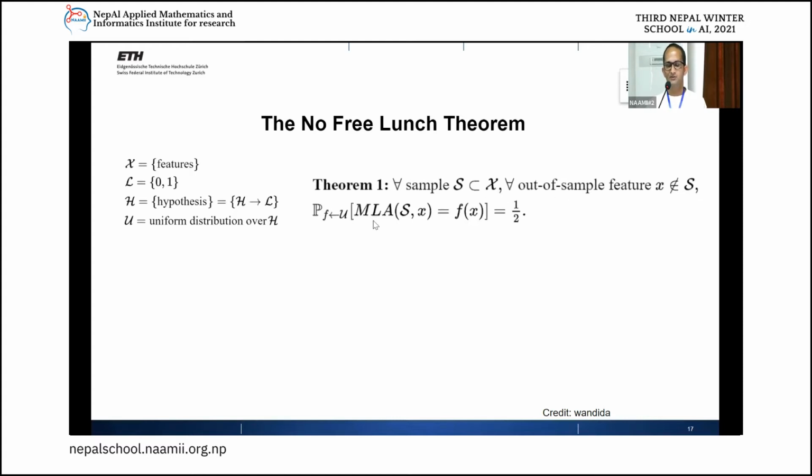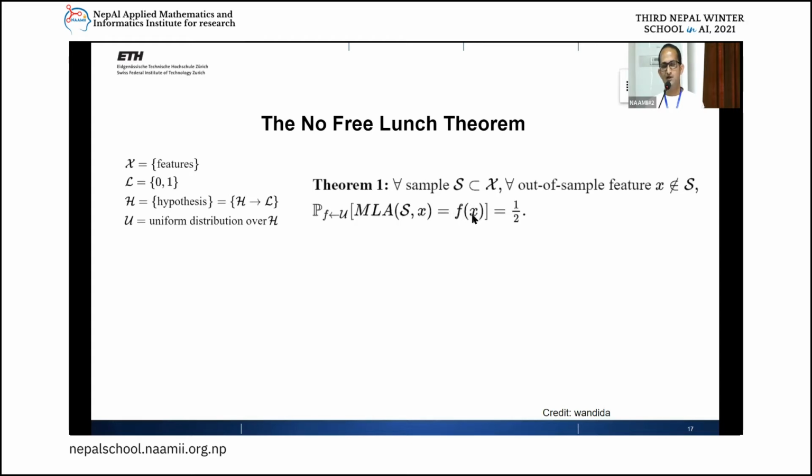Okay. So any machine learning algorithm learns from the training data and infers on the inference or test data, such that this is the same as the label of the ground truth, right? f(X) is basically some hypothesis that gives the label. So I want to make a prediction for my test data X, which has been learned from my training data S, such that the label of X becomes the same as the ground truth label, right?